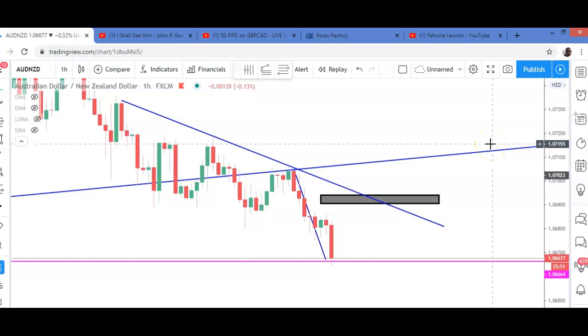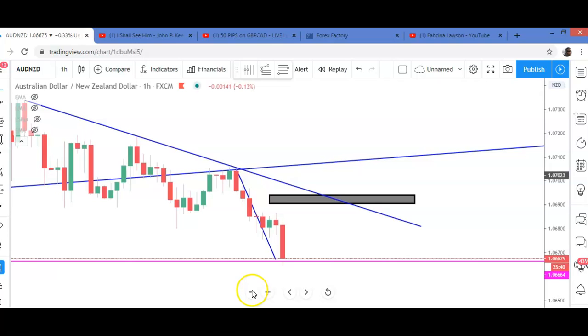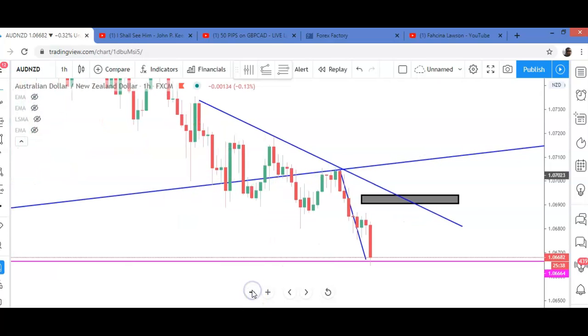However, I will say that it has reached our fuchsia support that we marked off when we were making our support and resistance video.